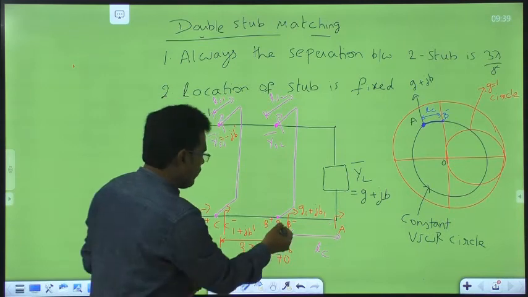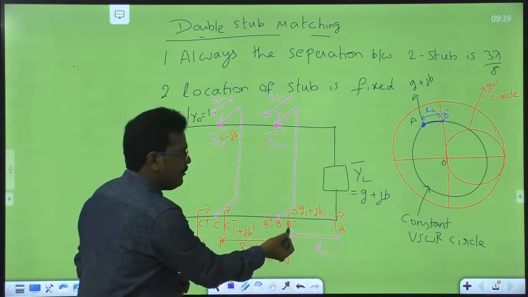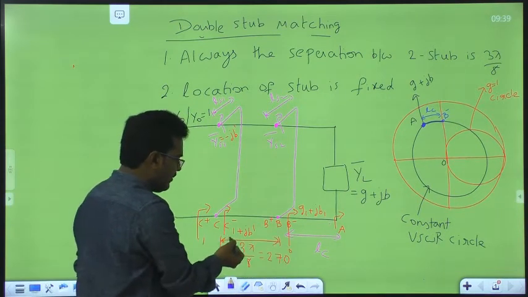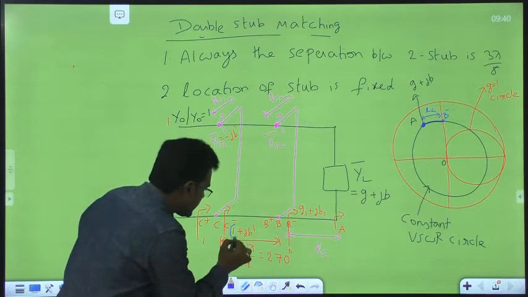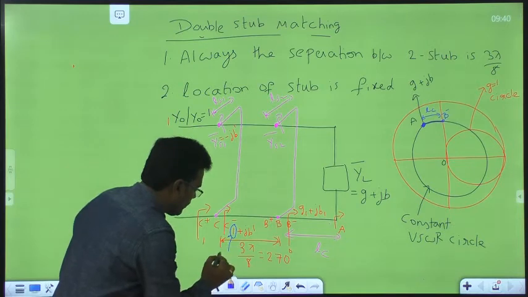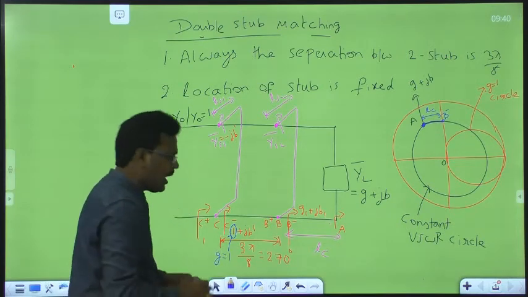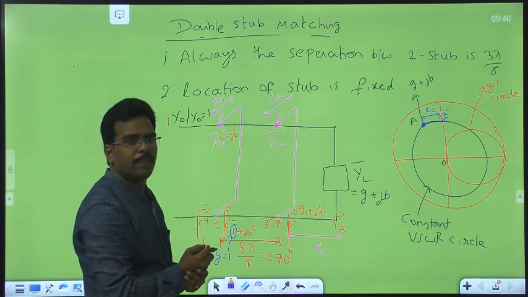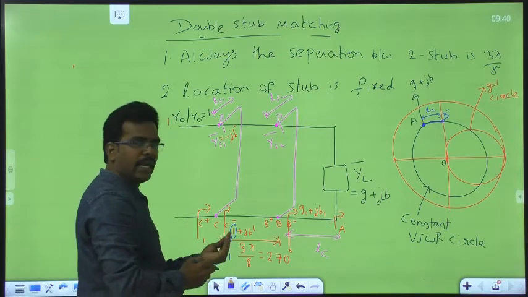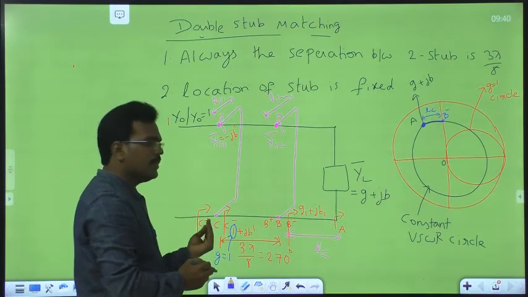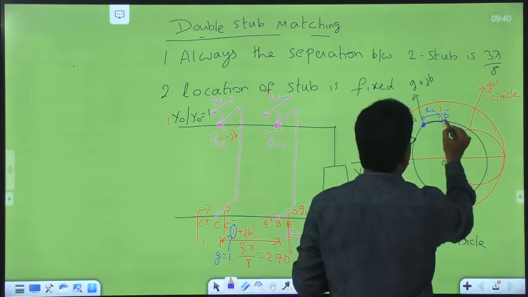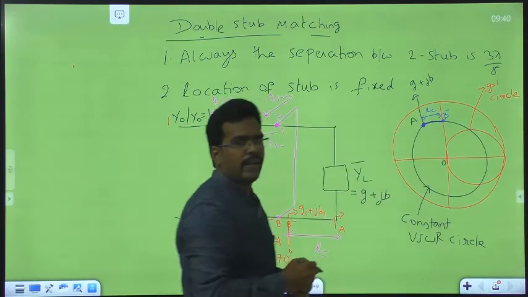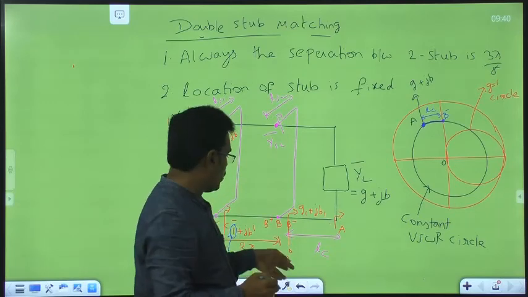Now from B minus, if we travel a distance of 3 lambda by 8, according to our analysis, I should reach the G is equal to 1 circle. Then only I can get impedance matching after C. Now we'll see, from the B minus point, if I move a distance of 3 lambda by 8, how much is 3 lambda by 8? 270 degrees.